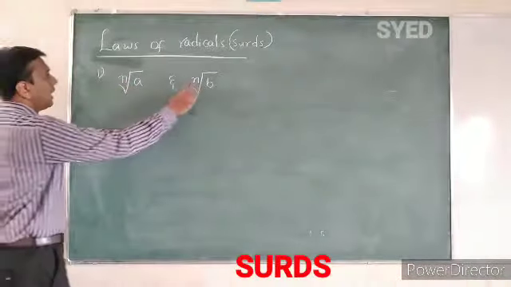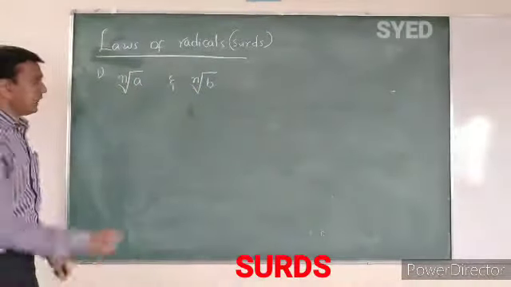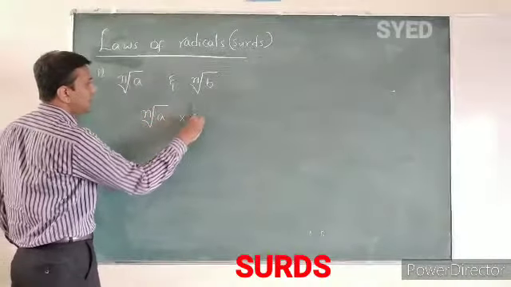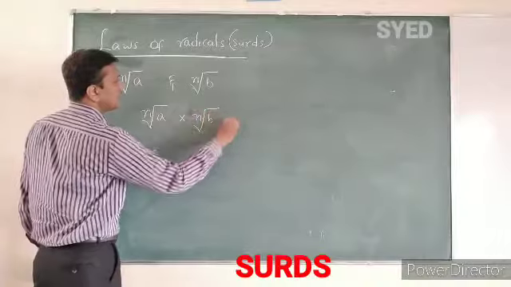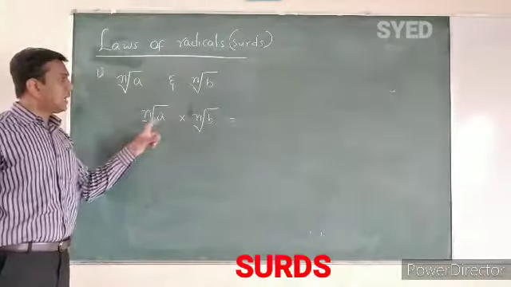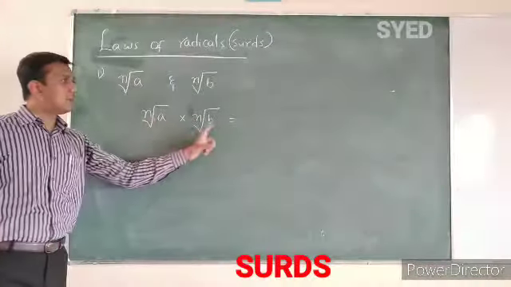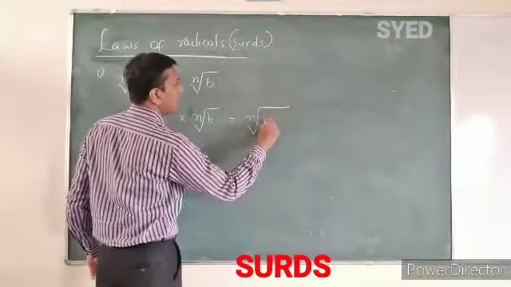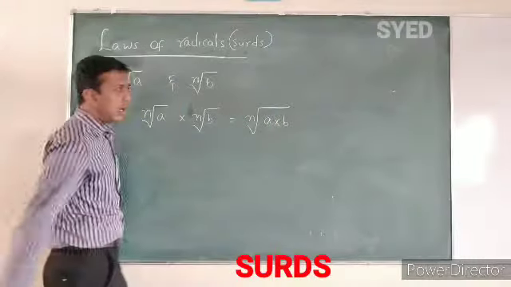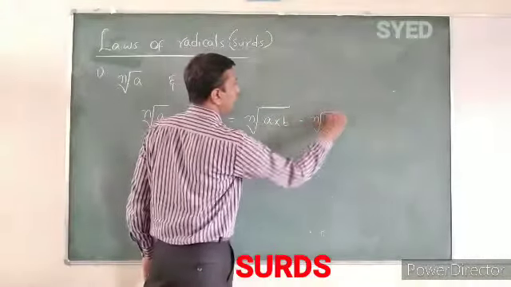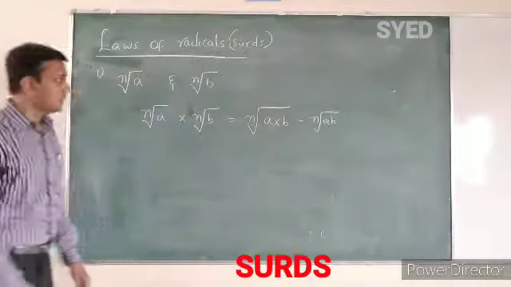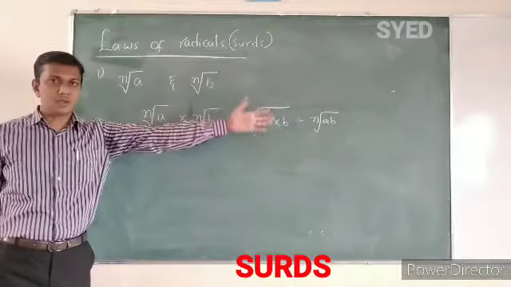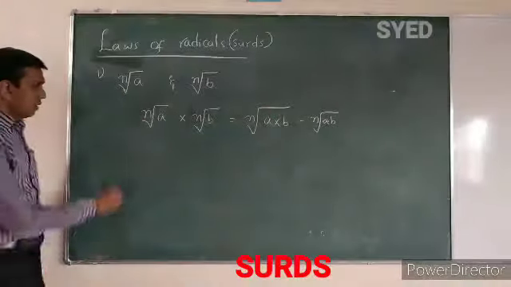If nth root a and nth root b are to be multiplied, we can keep the same order and multiply the radicands. So nth root of a into b, or simply nth root ab. That means nth root a into nth root b is equal to nth root ab. One example we will see.